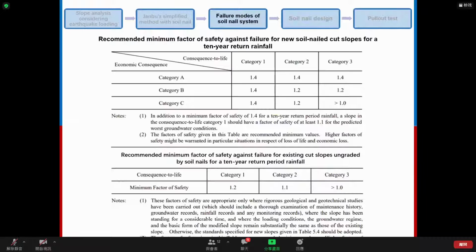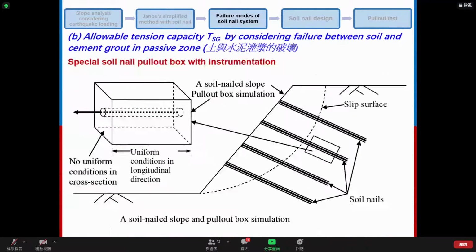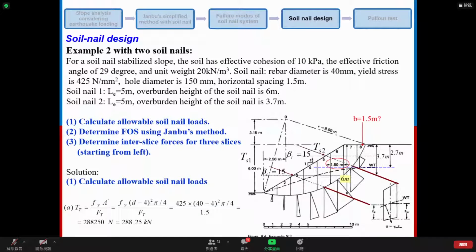So let's see the process of how to solve this problem. The first thing we need to calculate is the allowable soil nail loads. We know there are three different failure types of the soil nail.